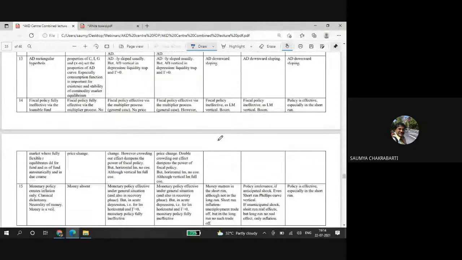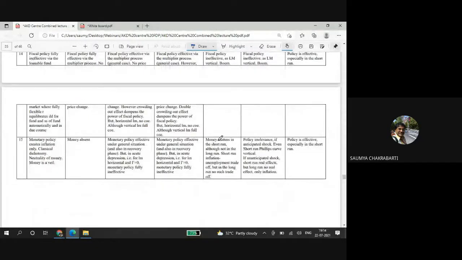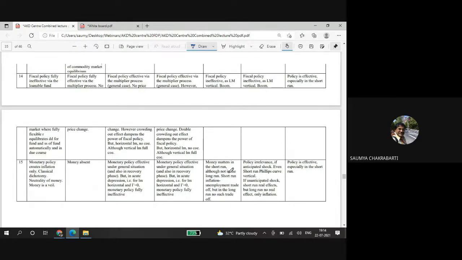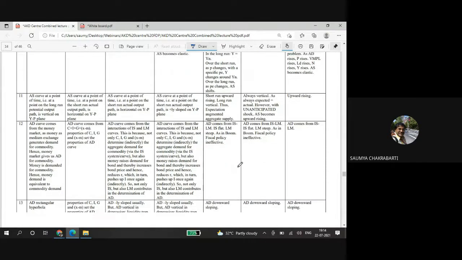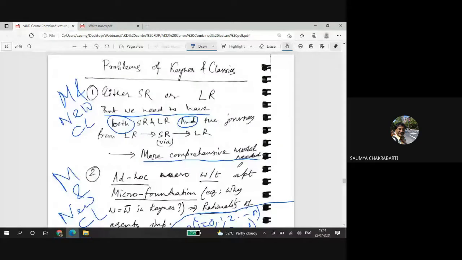Fiscal policy is ineffective as LM is vertical, as discussed. No question of fiscal policy. That's why money matters in the short run, although not in the long run. There is a short-run inflation-unemployment trade-off, but in the long run, no such trade-off. So it's over. Now we go to the next slide as usual.